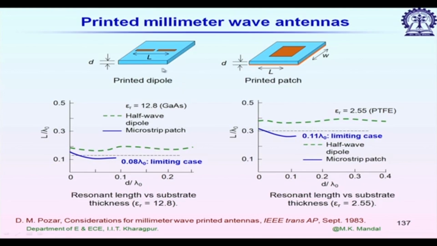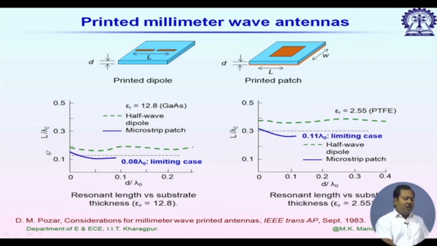Here, I am going to show some results obtained for two different types of antenna. The first one is the printed dipole, which is one example of a balanced antenna, and the second one is the printed patch antenna. Both of these antennas are printed on laminates using printed circuit board technology.